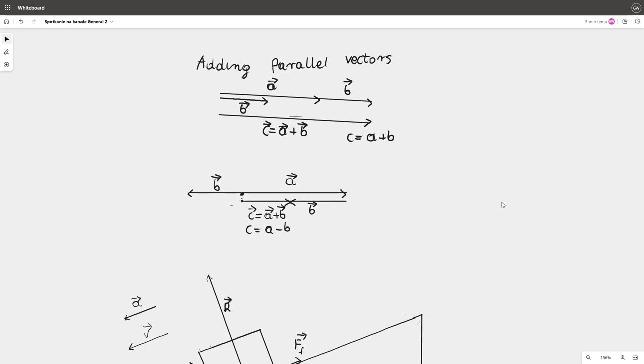I have to remind you how we add vectors which are parallel and have the same direction.